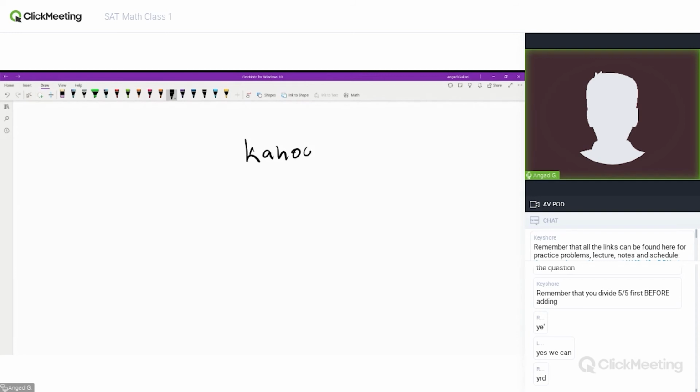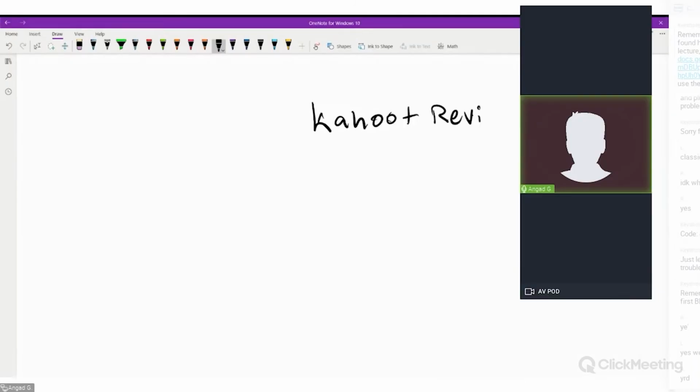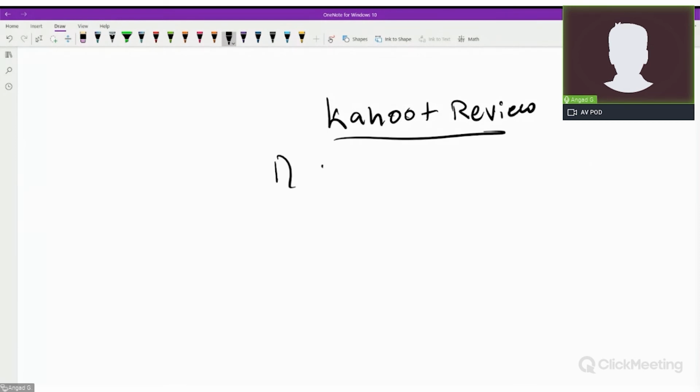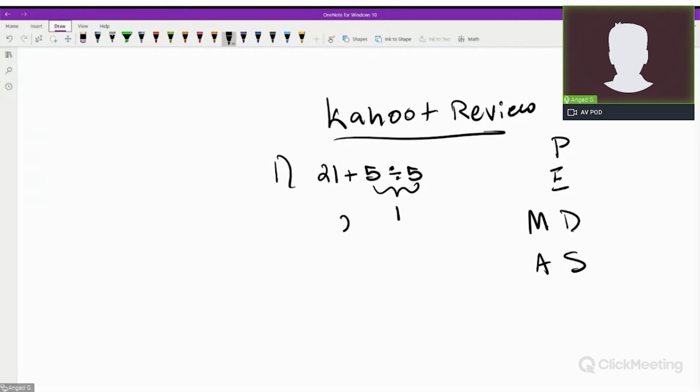So let's write this as Kahoot review. So for number 1, the question was 21 plus 5 divided by 5, correct? Remember order of operations, we have PEMDAS, and remember we write it like this. This is just the best way to write it because you know what you have to do. Remember, multiplication and division are on the same level. In this case, it doesn't really matter, but we know that division is going to happen before addition in this case because division is above it. So what we're going to do is 5 divided by 5 first, which is going to be 1, and add 21 to that, which is going to be 22.